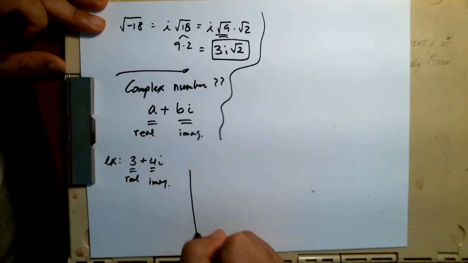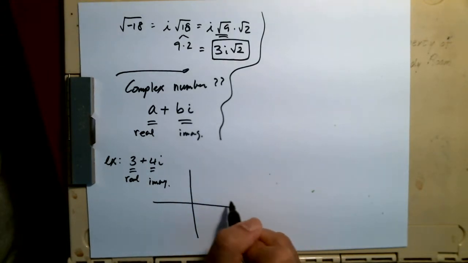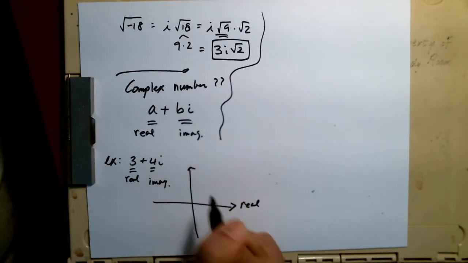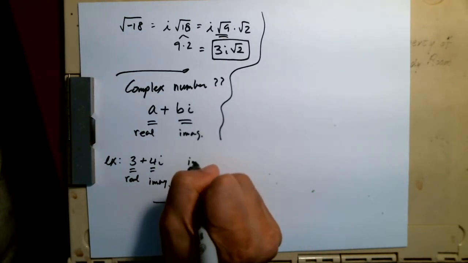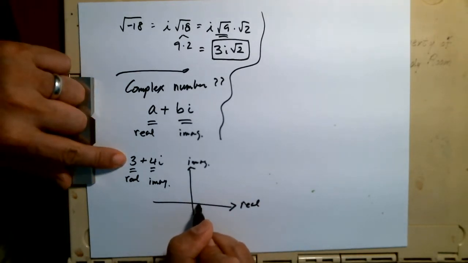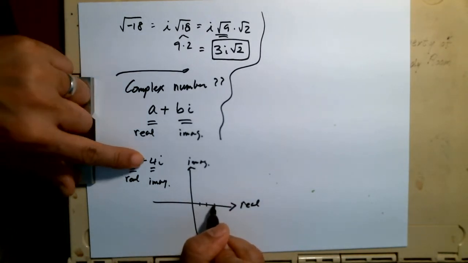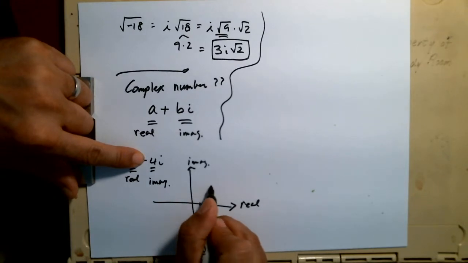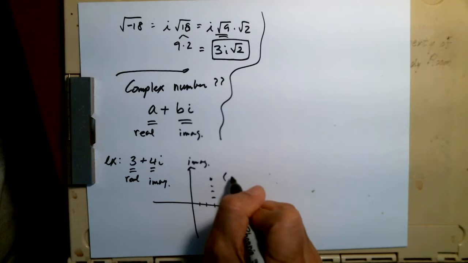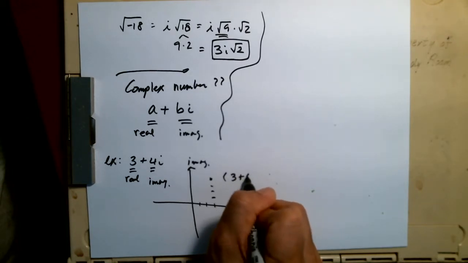So you end up with an axis. In the x-axis, you're going to have the real portion, and in the y-axis, you're going to have the imaginary portion. So you go with 3 in the real portion, 1, 2, 3, and you go up 4 in the imaginary portion, and there it is. So this would be 3 plus 4i.